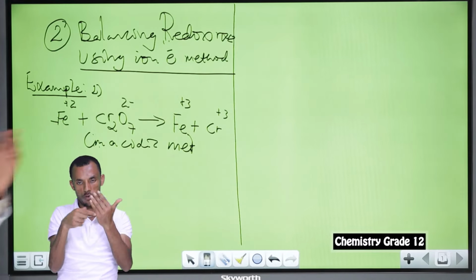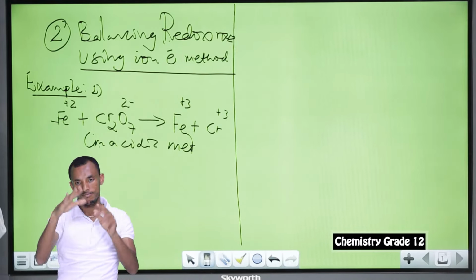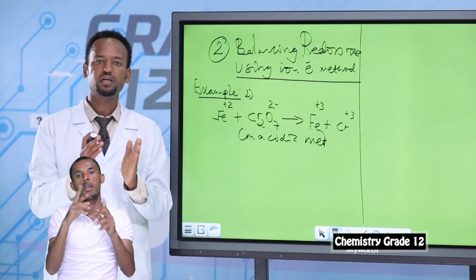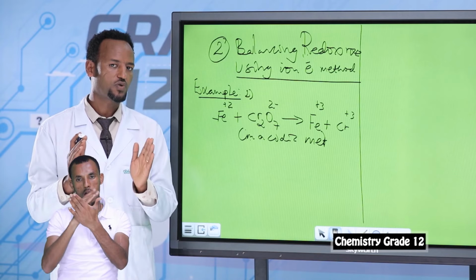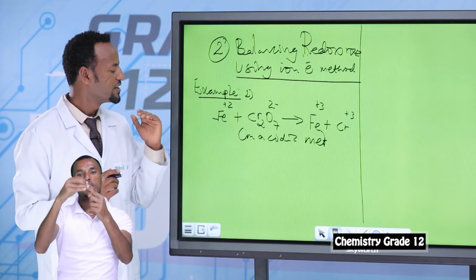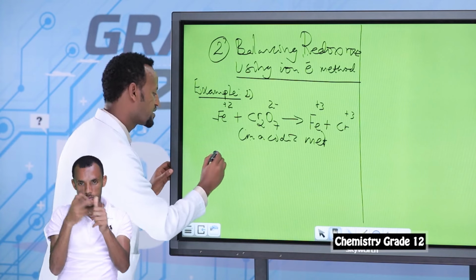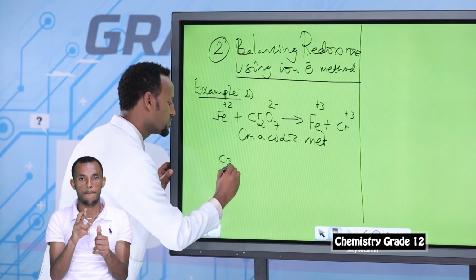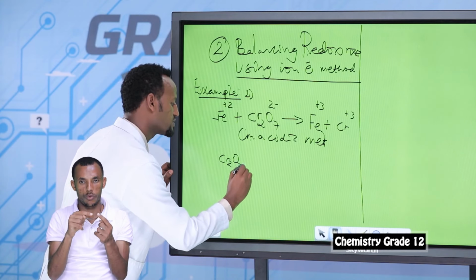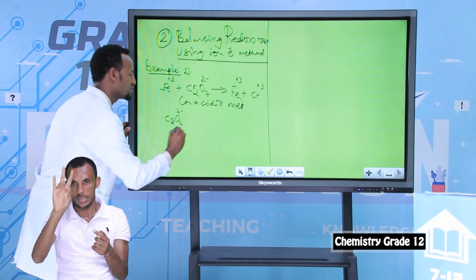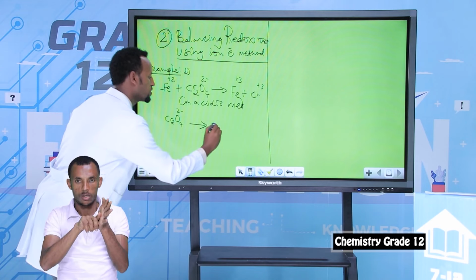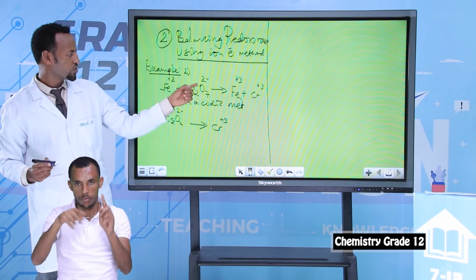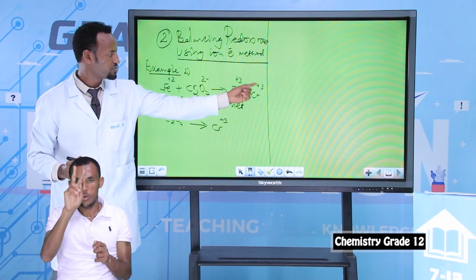Therefore, the first rule is select two half reactions. That means one is the reduction half reaction, and the other one is what? The oxidation half reaction. The first one is Cr2O7 2- converted into Cr3+.